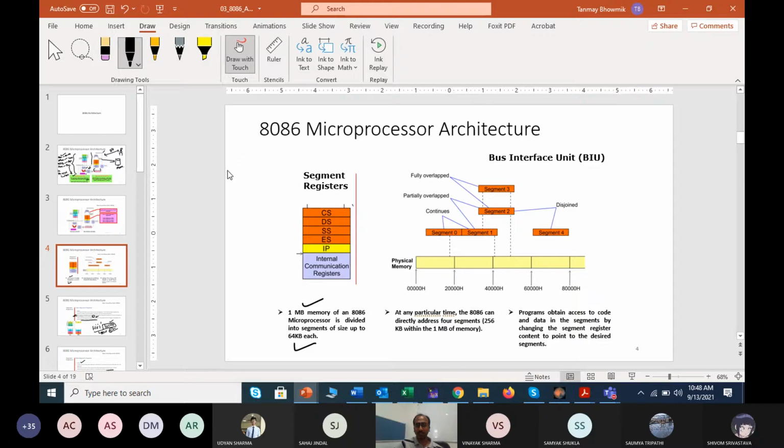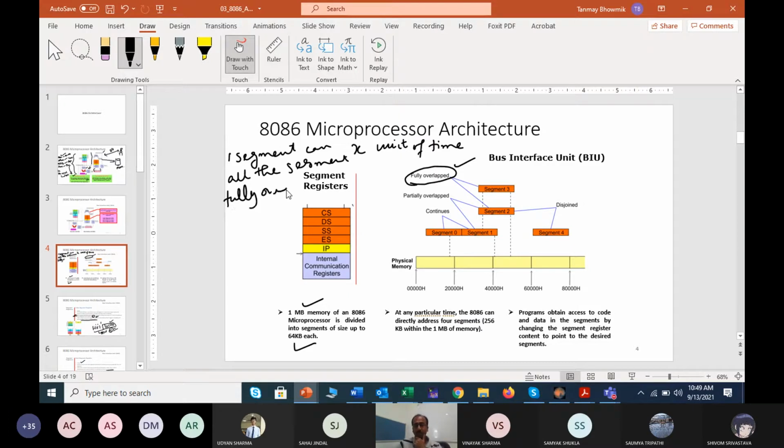Now your question may be that if you want to access this whole amount of memory, and if one segment can take say x unit of time, and all the segments can be accessed with fully overlapped condition, and one more point is that you can use 4 segments at a time.